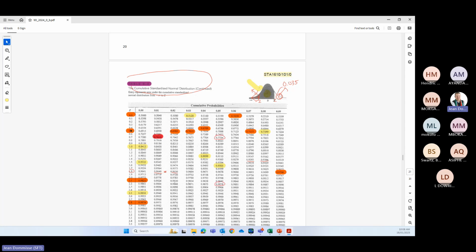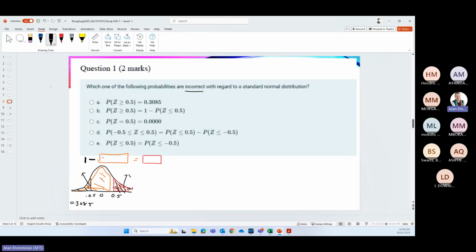We look for 0.5, where it is 0.6915, and then the red component will be equal to 0.3085. And so that is two ways that we could have gotten to that answer.